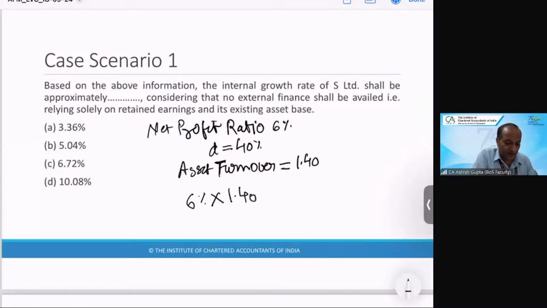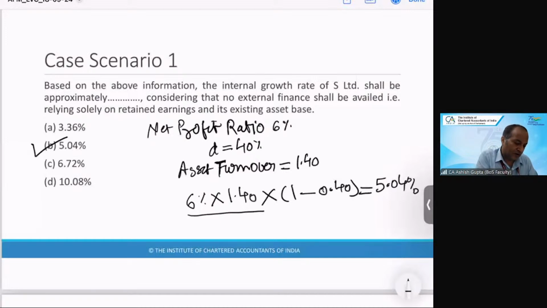This is our asset turnover ratio. Accordingly, this becomes our return on assets, multiplied by 1 minus dividend, which is 40%, so our retention is 60%. Accordingly, this value becomes our correct option, which will be 5.04.